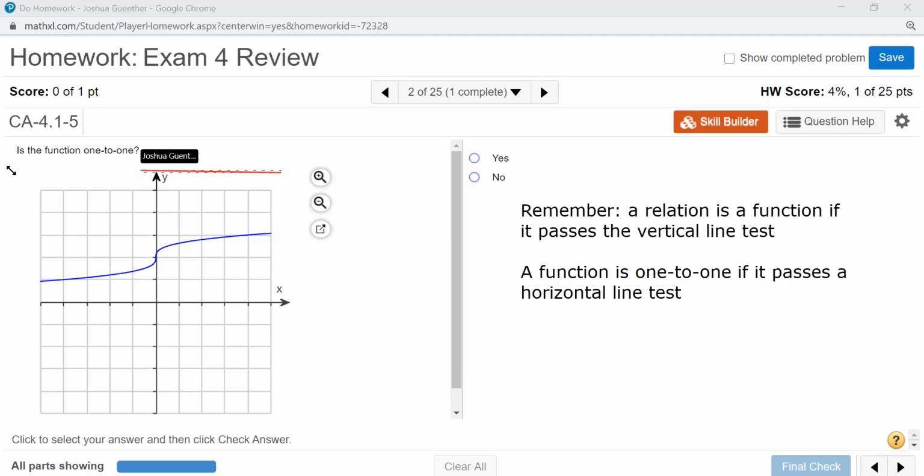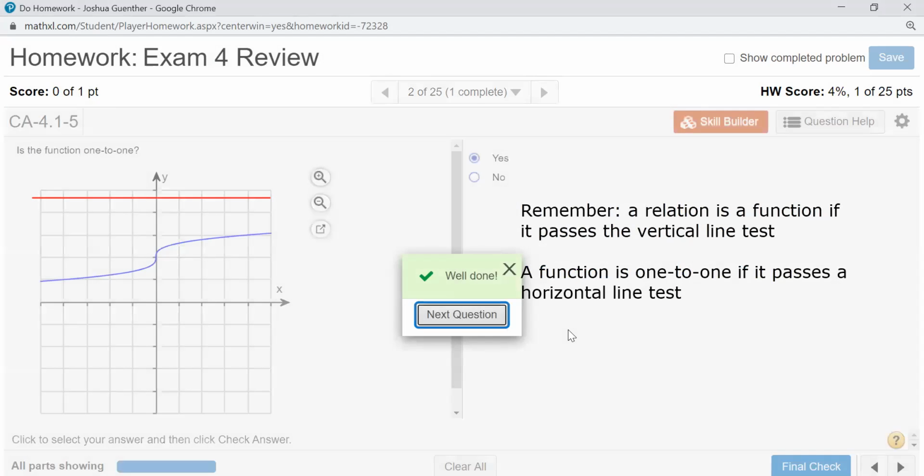So I'm going to take a horizontal line and I'm going to move it up and down the entire function. And I'm going to see that, oh yeah, it passes the horizontal line test as well. Because if I cross the horizontal line through it, it never hits the function more than once. So, yes.